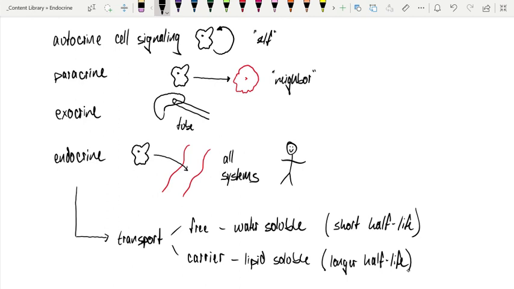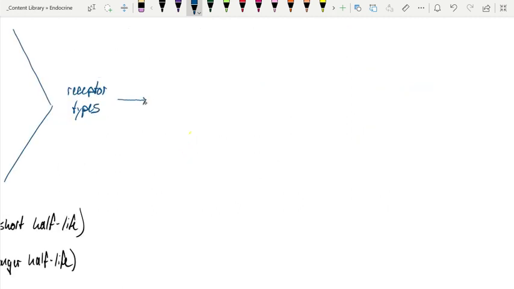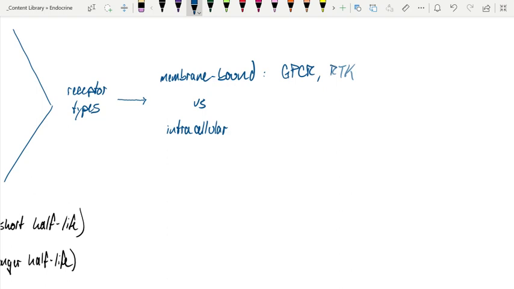Now, in addition to transport, another thing that we have to consider are the receptor types that bind to these hormones. For our purposes, these can be divided up into 2 different types, either membrane-bound or intracellular receptors. Examples of membrane-bound receptors include G-protein-coupled receptors, we've discussed these previously, or receptor tyrosine kinases, whereas intracellular receptors are for lipid-soluble ligands.